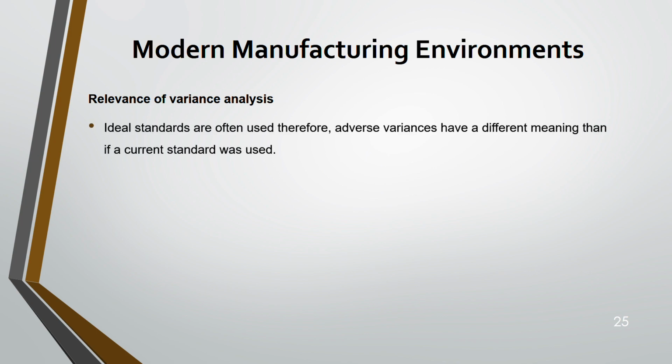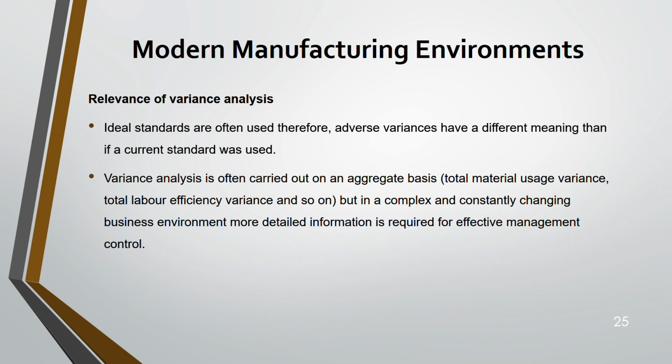Then we have ideal standards. Ideal standards are often used in variance analysis, so adverse variances have a different meaning than if the current standard was used, because you are using the ideal standard, not the current standard. Variance analyses are carried out on an aggregate basis, for example, total material usage variance, total labor efficiency variance.